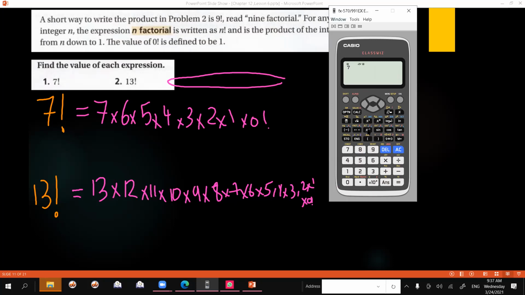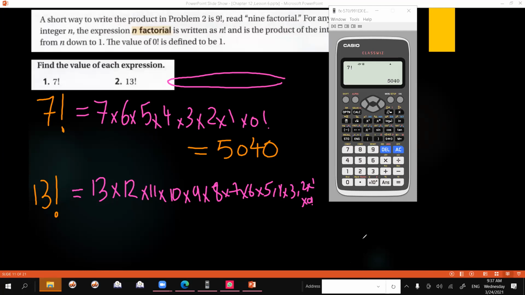Yes, miss. Press on it, shift with this button, you get factorial. So 7 factorial equals 5040. So without multiplying the numbers, you can write the answer from the calculator as 5040.